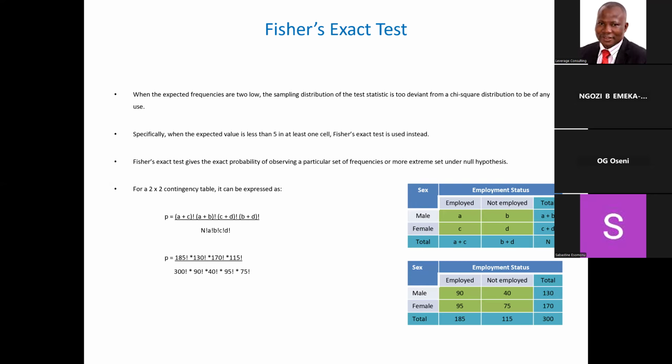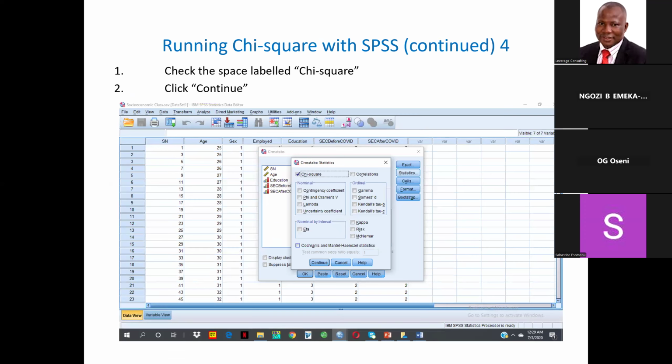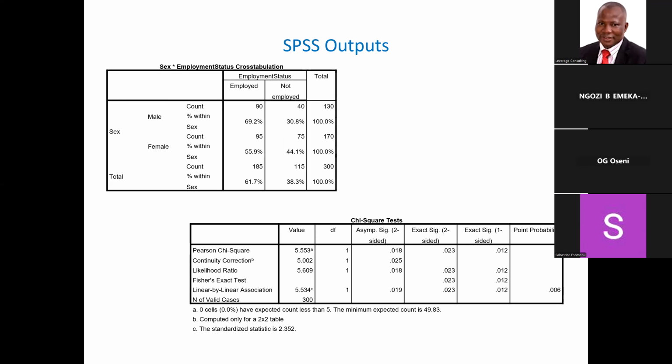The computer gives it to you anyway. So if any of those two conditions on expected value is violated, Fisher exact value is used instead of chi-square. Any question?